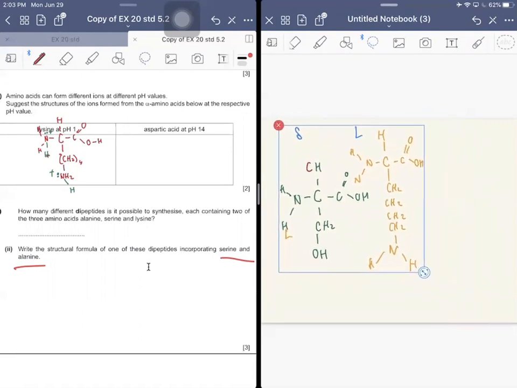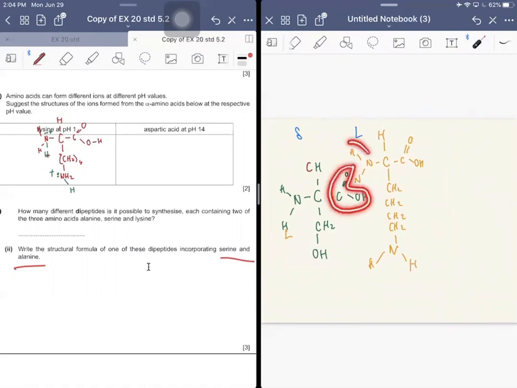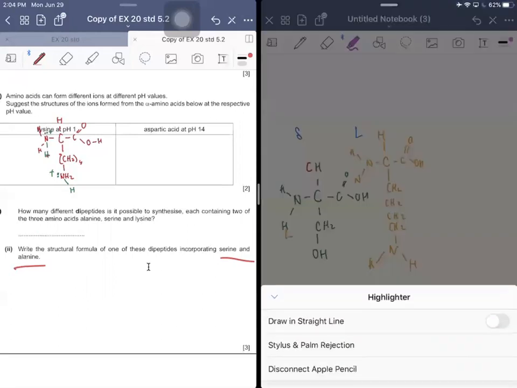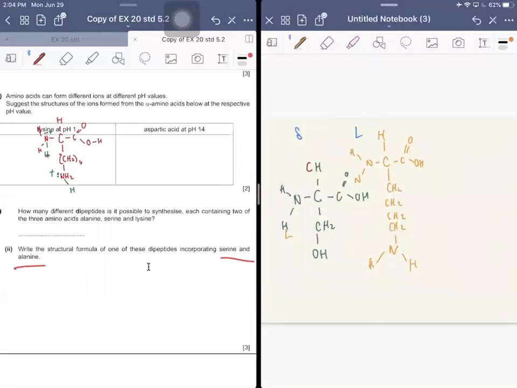Right. In this case, I have already arranged my serine and lysine so that the acid is in contact with the base. Okay, so what happens during addition elimination, we will lose the OH from the acid and the hydrogen from the base.